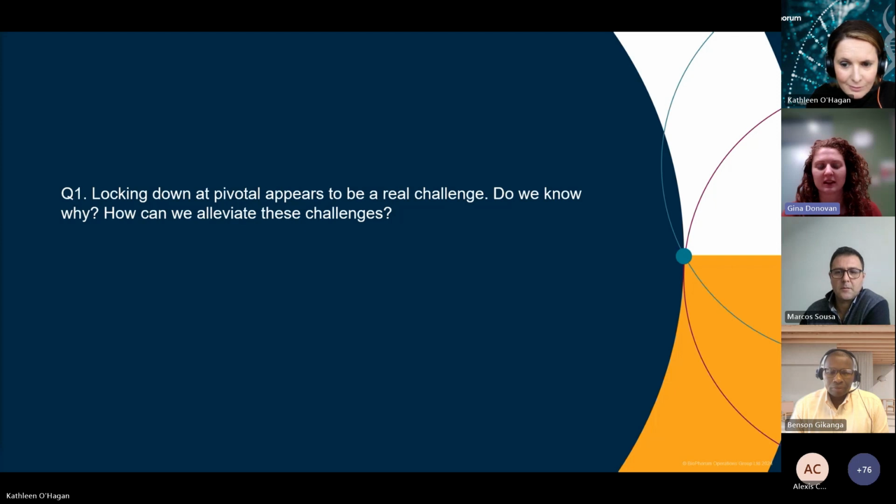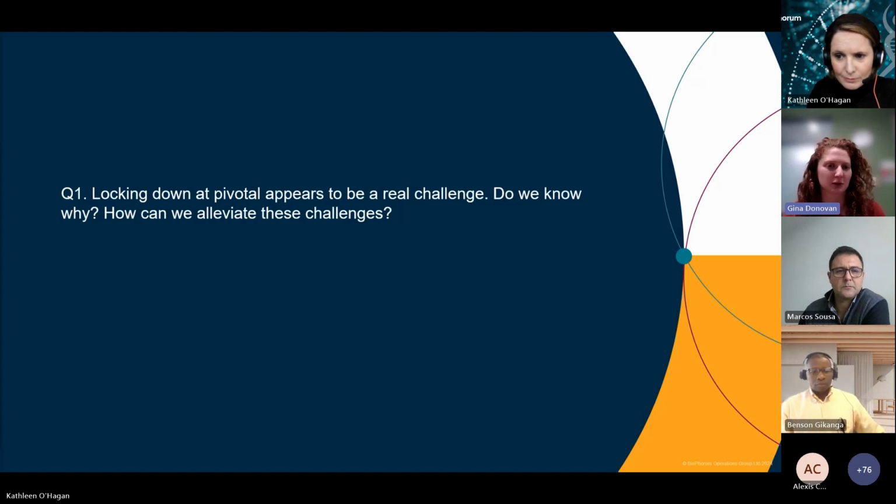I think that poses the challenge for locking down your process. We're all trying to get drugs into clinic as quickly as we can, and then maybe that process isn't as optimized as it could be for commercial, and you're trying to make those optimizations as you're speeding toward a commercial application.